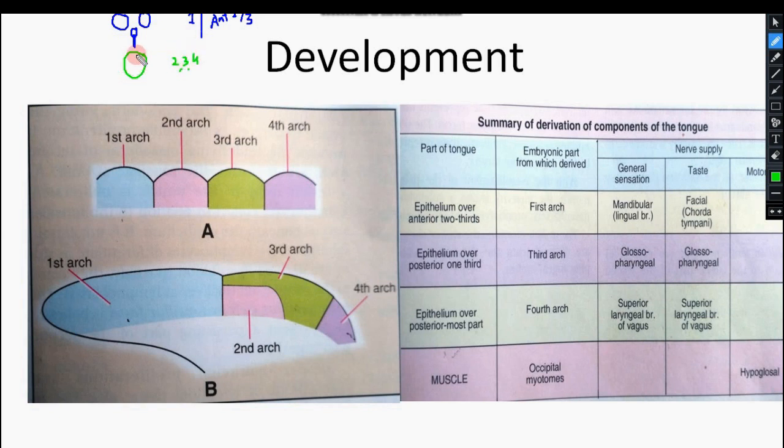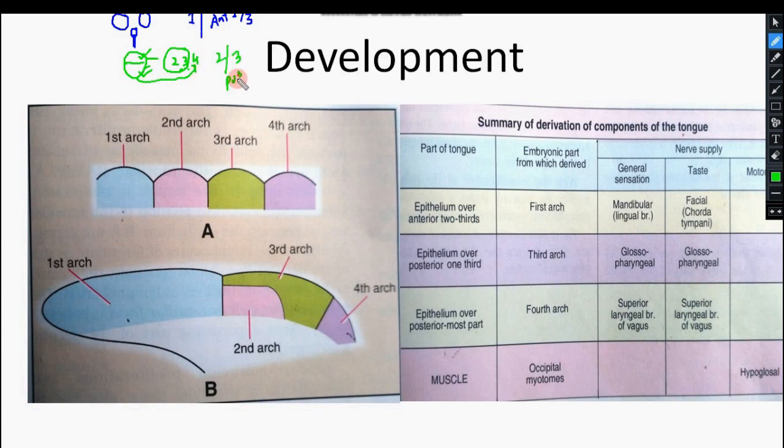Of this hypobranchial eminence, the cranial part is formed by the second and third arch, whereas the caudal part, which I have double ticked, is formed by the fourth arch. Clear?